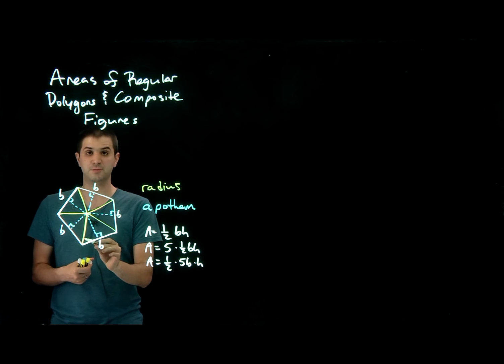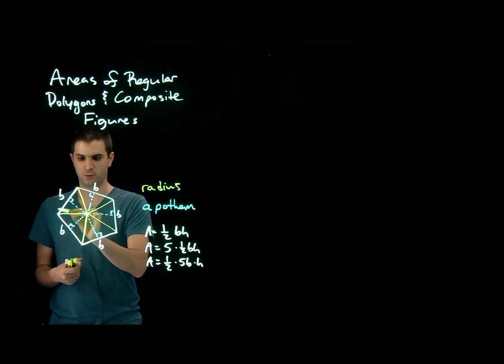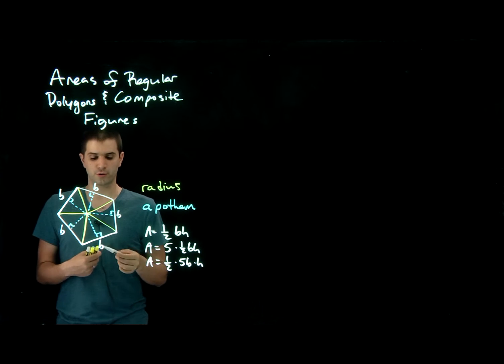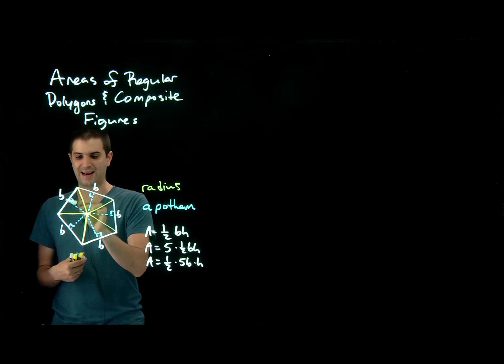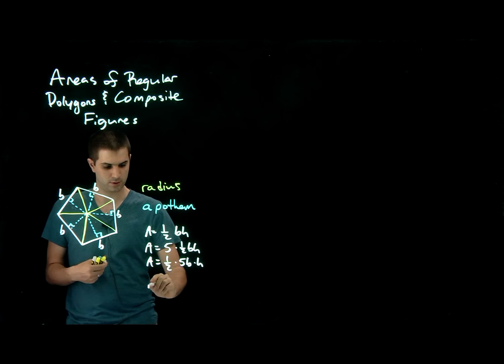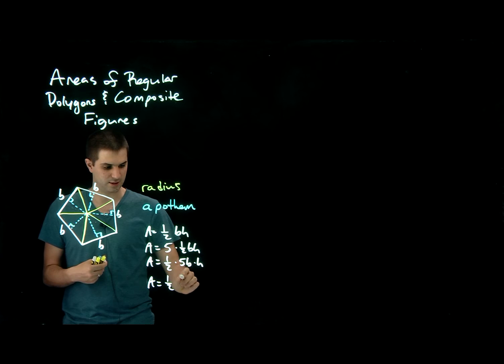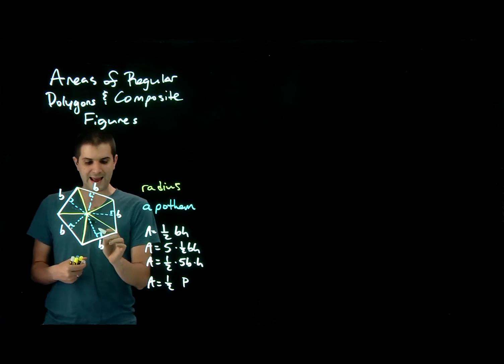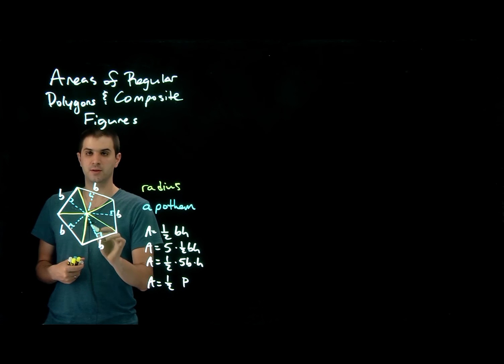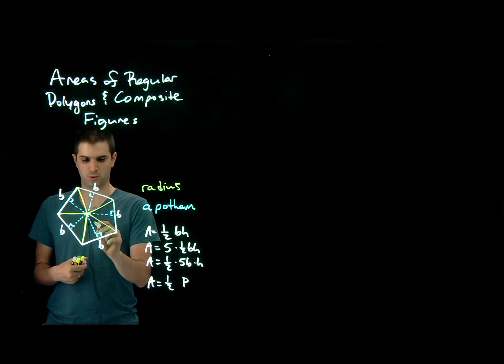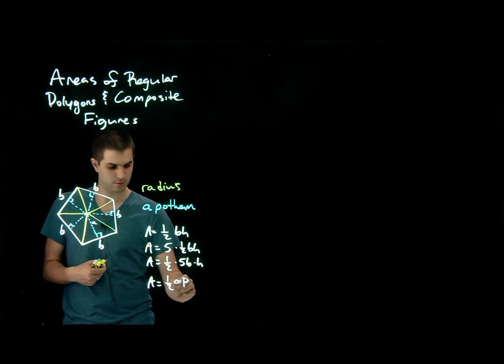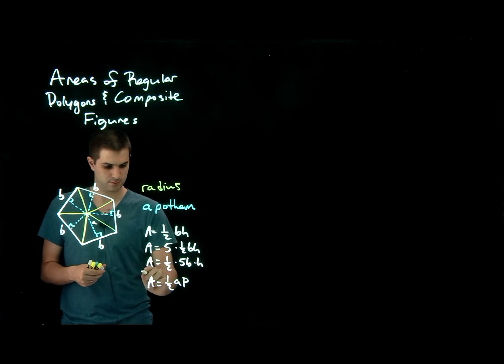So 5 of these bases, 1, 2, 3, 4, 5, we have another word for that. All of these added together is called the perimeter. So that becomes the perimeter. And h, the height of the triangle, is the apothem, which we'll call A.